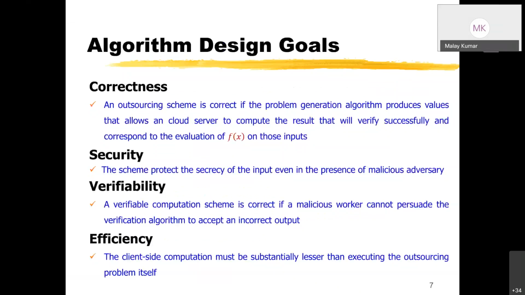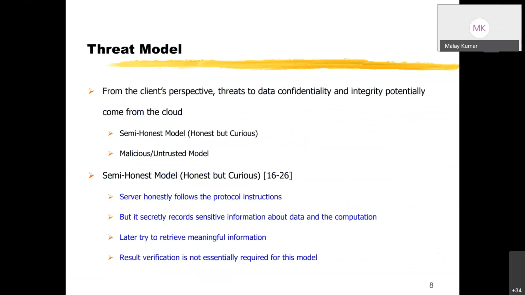Let's discuss the threat model. As we discussed the threat models when we discussed cloud confidentiality, cloud integrity, availability, and accountability, now we are going to discuss the threat model from the perspective that we are going to outsource data and application in the cloud environment.